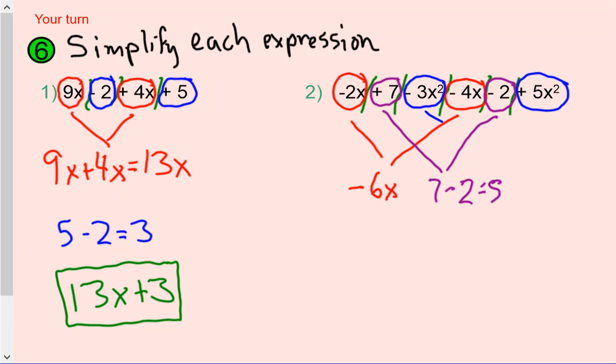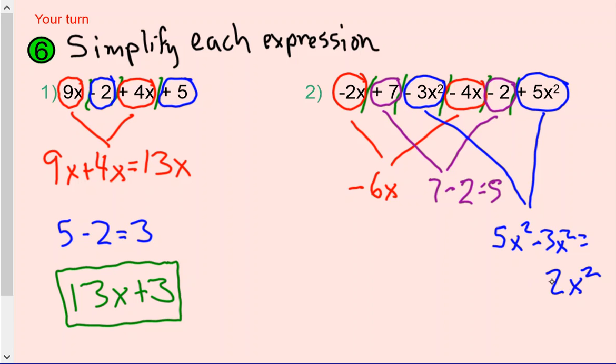And then lastly we have a minus 3x squared plus 5x squared, and 5x squared has a larger absolute value, so we're going to keep that sign, and then we can say 5x squared minus 3x squared, and that'll leave us with 2x squared. Okay, and now we can go back and combine all our answers.